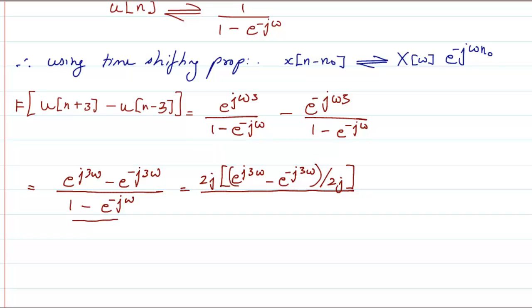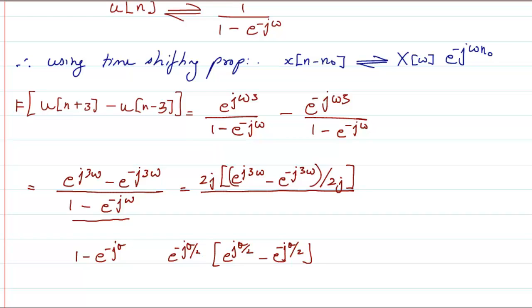And here, if you remember, we had already done something like 1 minus e raised to power minus j theta. If I take theta by 2 outside, I will get e raised to power minus j theta by 2 outside, because of which this will become e raised to power j theta by 2 minus e raised to power minus j theta by 2, isn't it?